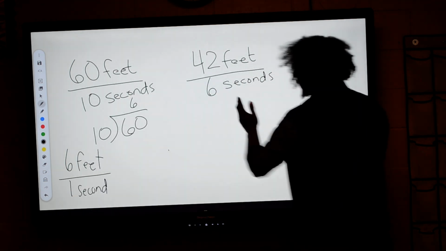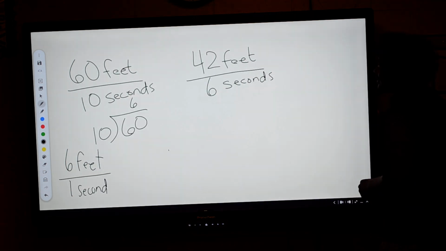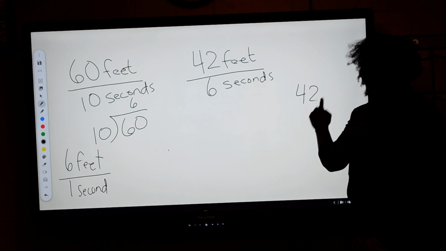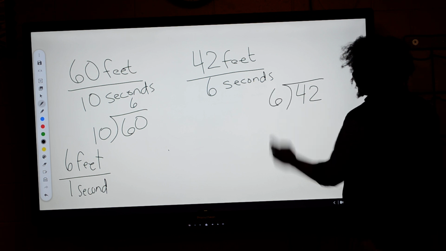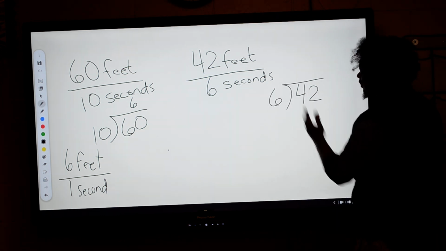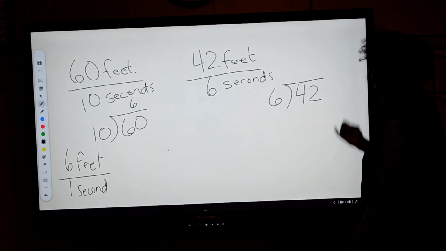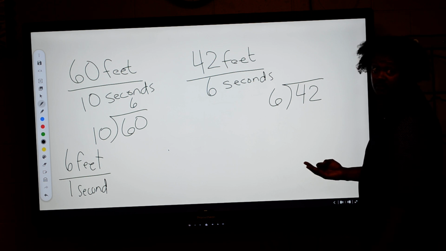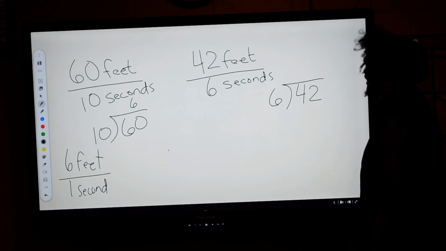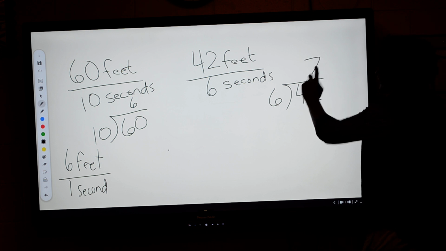Now we can move over to the second person and set up our division problem. So we have 42 divided by 6. And we know 6 can't go into 4, so we got to put 6 into 42 by counting by 6. So let's count. We have 6, 12, 18. What's next? I can't finish it for you. All right. 24, 30, 36, 42. It's 7.